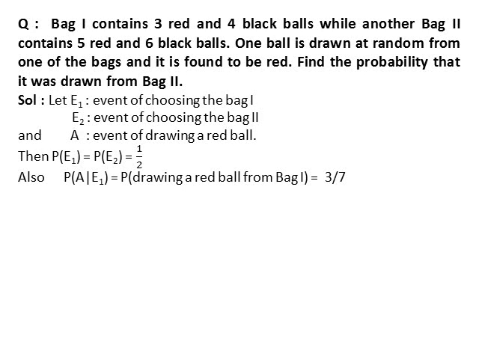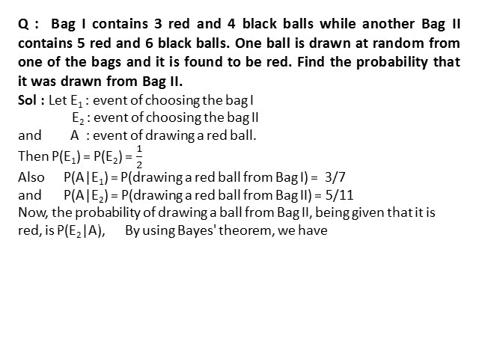Now, P(A given E1) is the probability of drawing a red ball from bag 1. As bag 1 contains a total of 7 balls, out of which 3 are red, P(A given E1) equals 3 by 7. Next, P(A given E2) is the probability of drawing a red ball from bag 2. As bag 2 contains a total of 11 balls, out of which 5 are red, P(A given E2) equals 5 by 11.